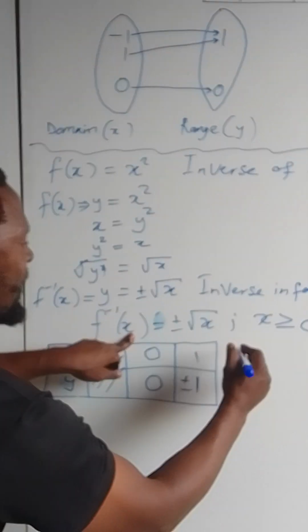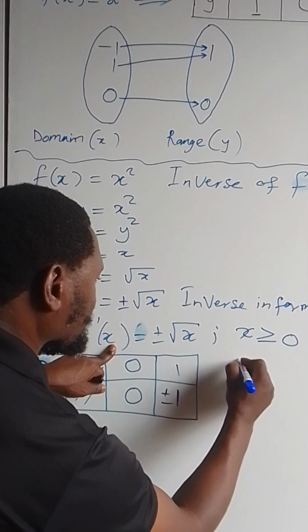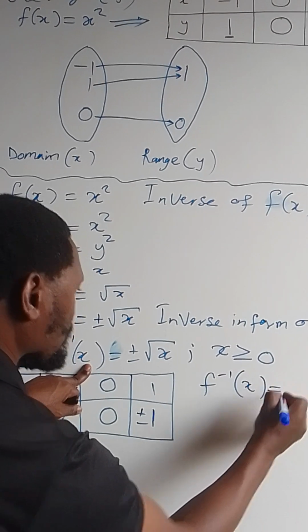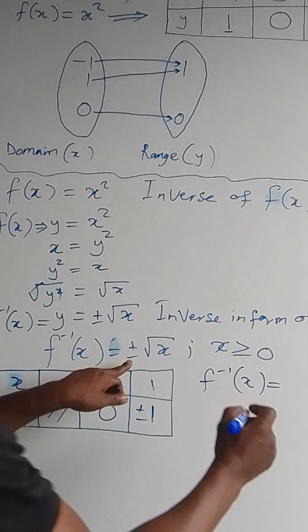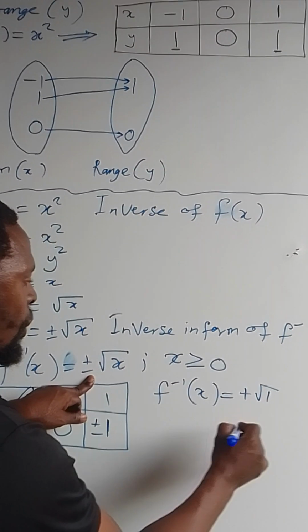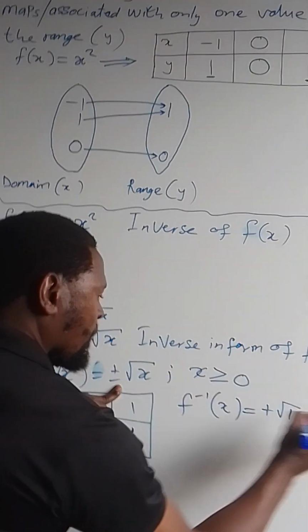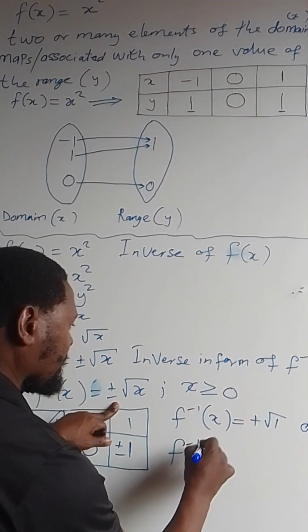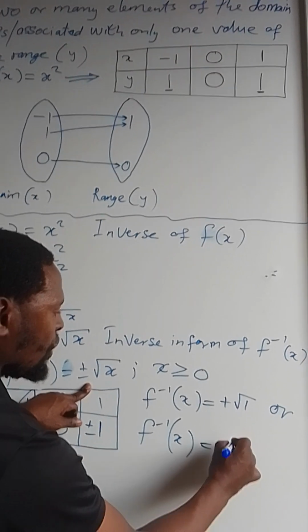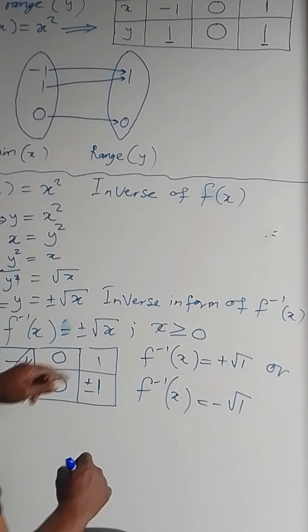You are going to get that f dash x is equal to plus the square root of 1, or f dash x is equal to minus the square root of 1.